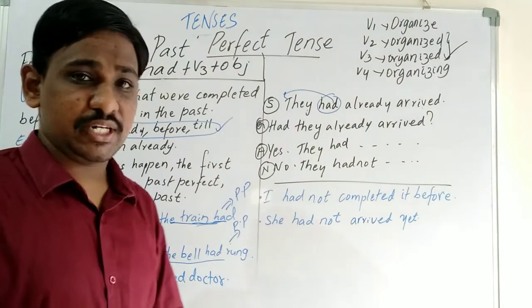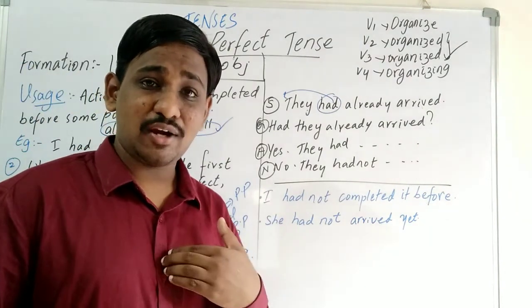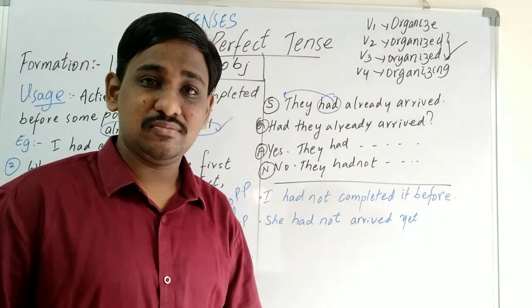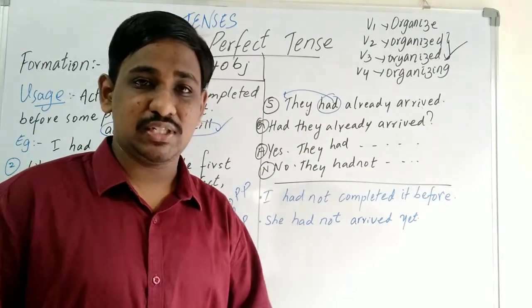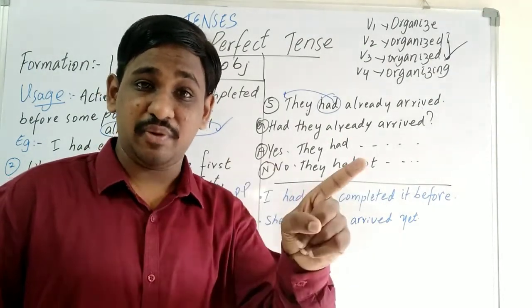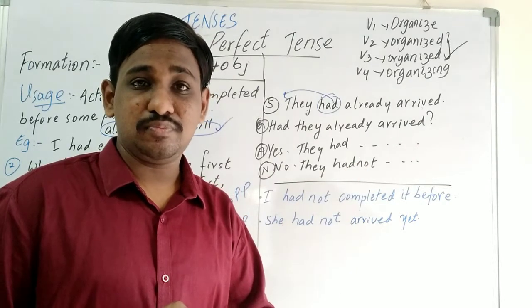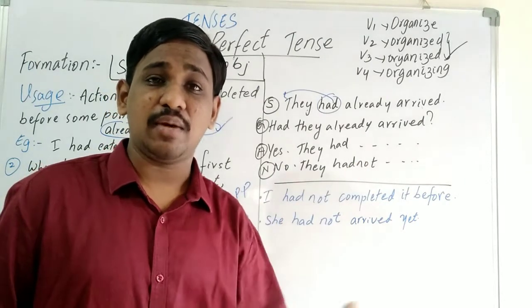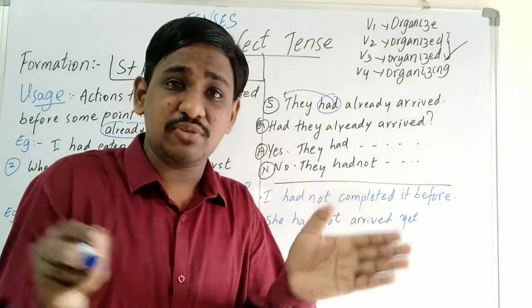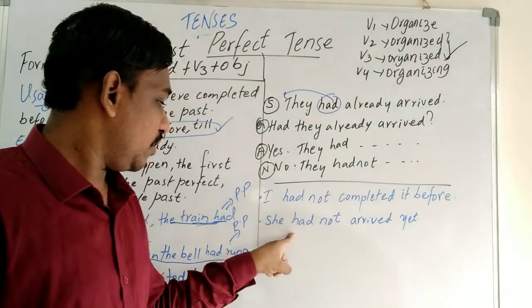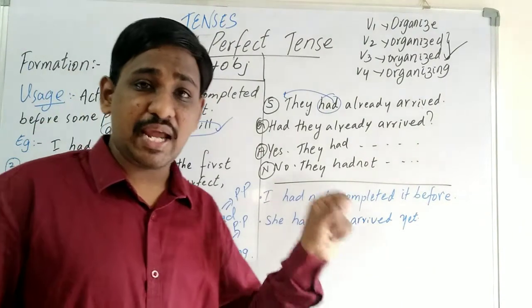I had not completed it before. Had I not completed it before? Question. Yes, I had completed it before. Positive. No, I had not completed it before. Negative. So positive and affirmative are the same. One more sentence. She had not arrived yet.